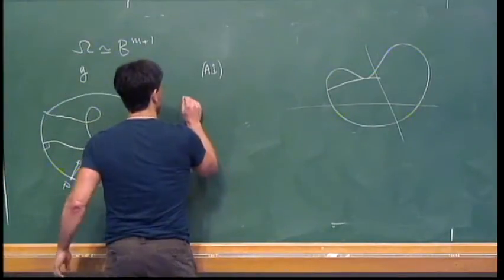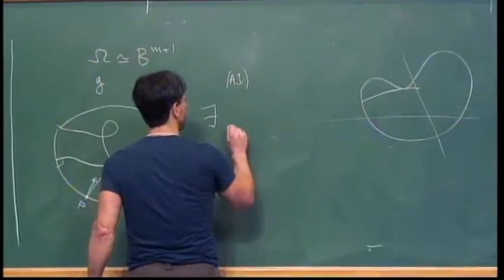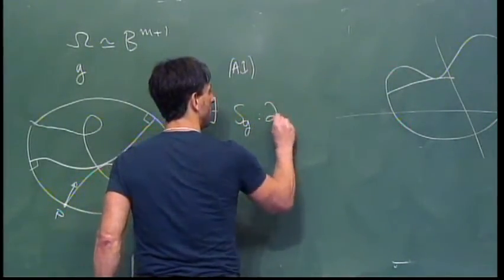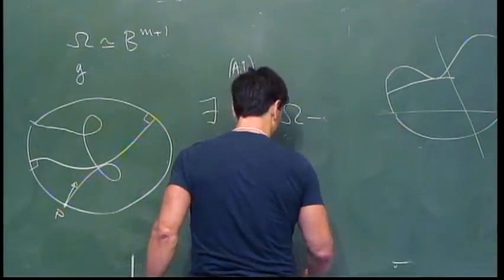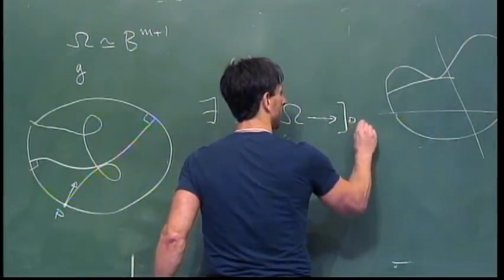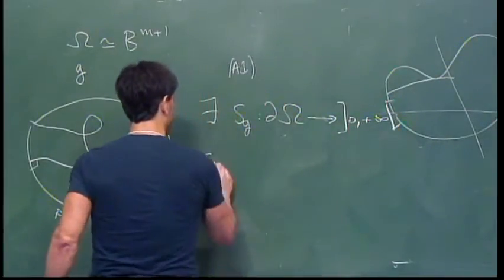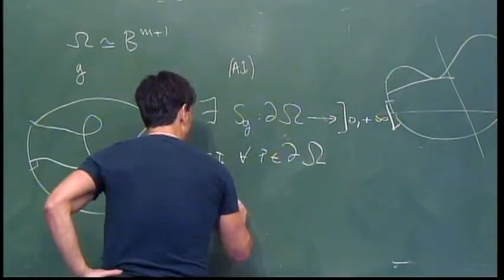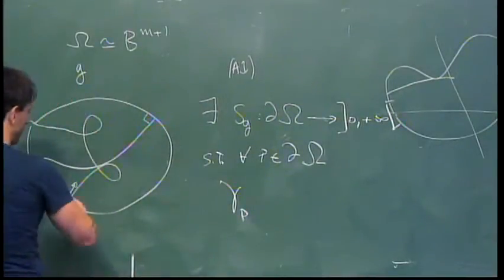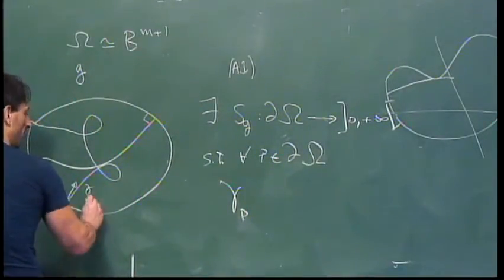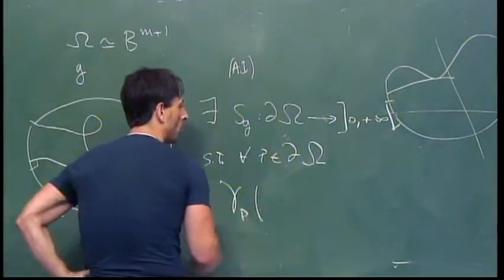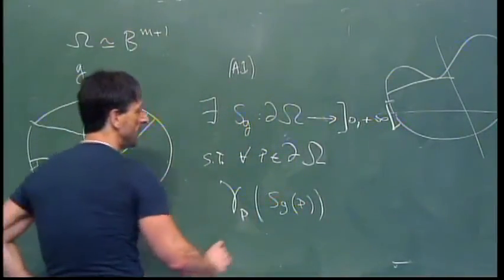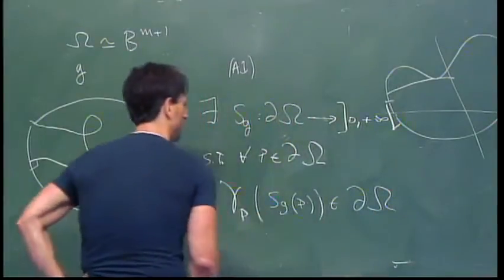Actually, I should write this down. So this assumption 1 says that there exists a function, let me call it S_g, depending on the metric g, which is defined on the boundary of omega, and taking values in the set of positive numbers, such that for all p in the boundary, if I take the geodesic gamma_p, which is the geodesic starting at p orthogonally to the boundary, and I compute this at the time S_g of p, this again belongs to the boundary, and it's transversal.